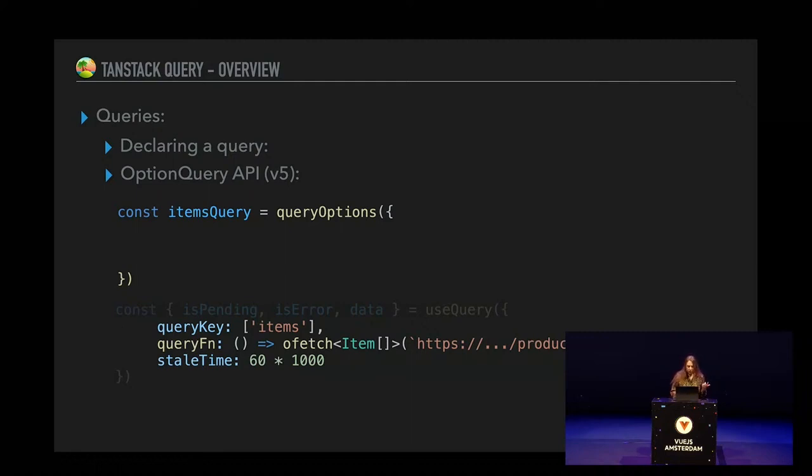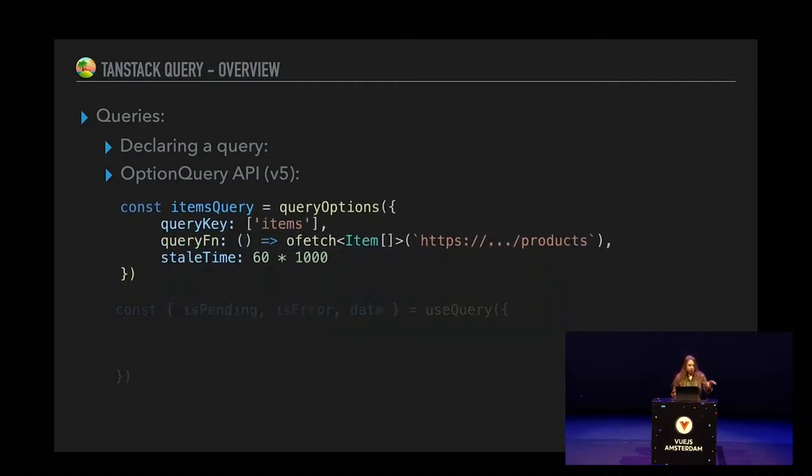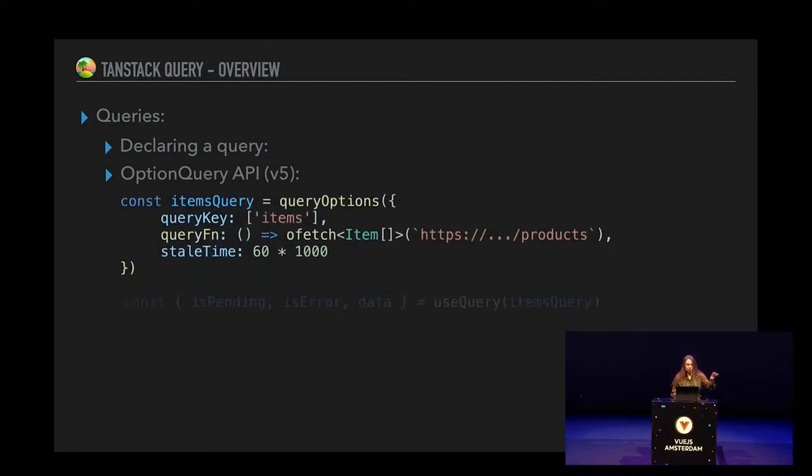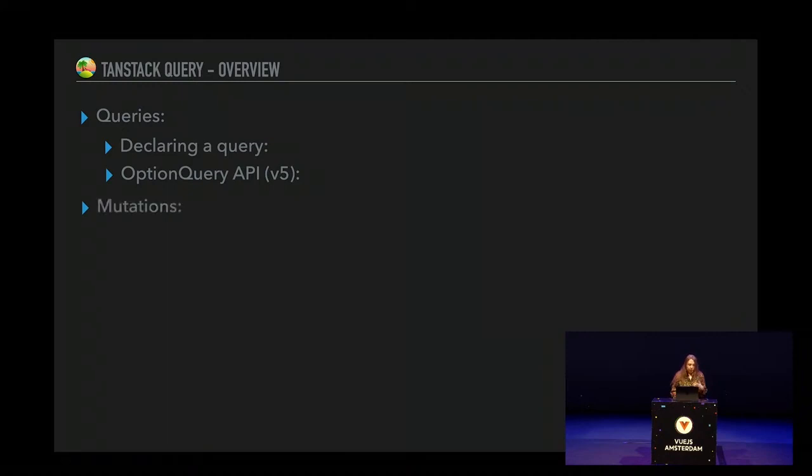So as you can see, we have here a new function, queryOptions. We take the configuration, the option object, we pass it to queryOptions, and then we will use the output of the options for our query. So to me, this is important because it really increases query reusability, and also it improves a lot type safety. You will see that's really useful. And that's what we will be using in the demo.